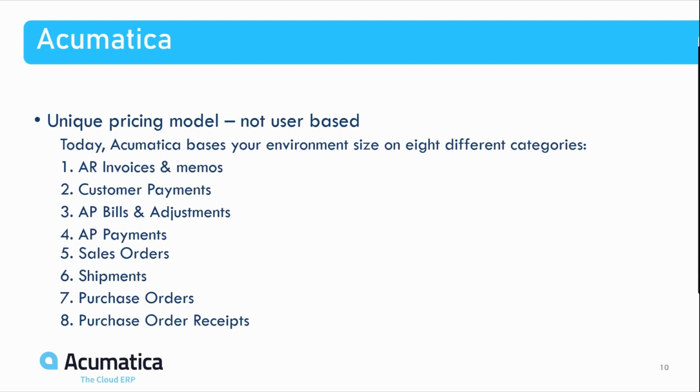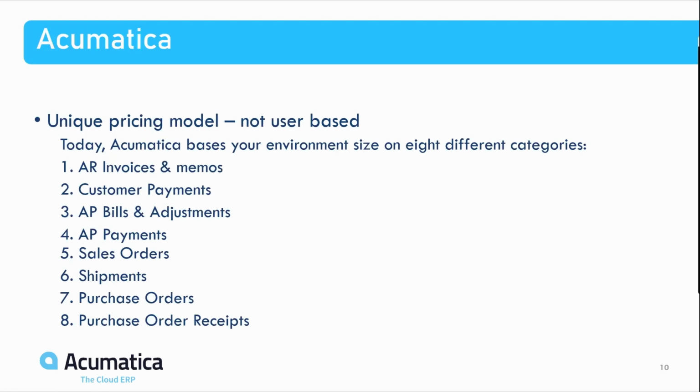So we take the number here, we match it against the grid that Acumatica uses, and we can come up with the size. We can even take the recommended size for an edition and downsize it to save you money if you fit within that downsize. So there's all sorts of ways of pricing this thing.